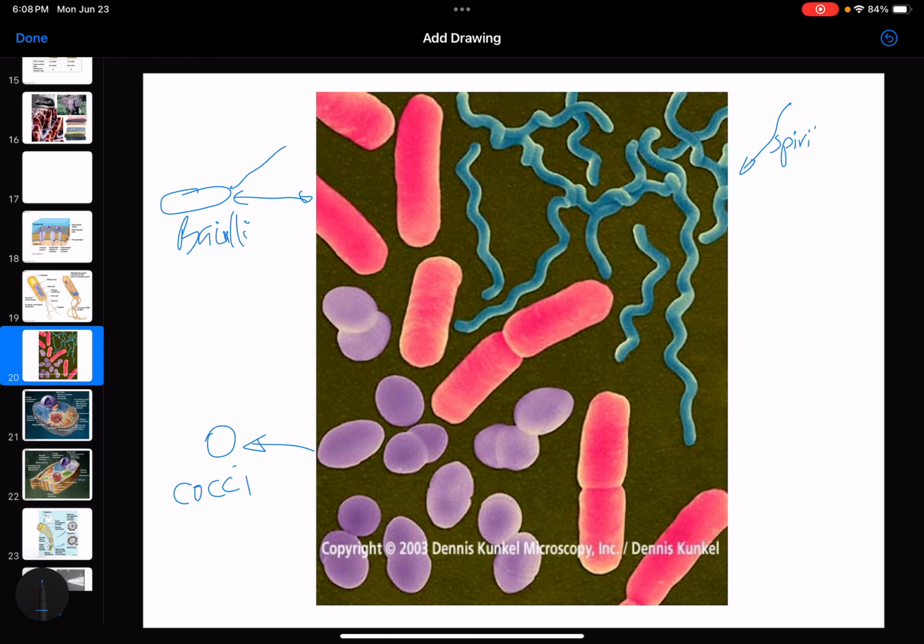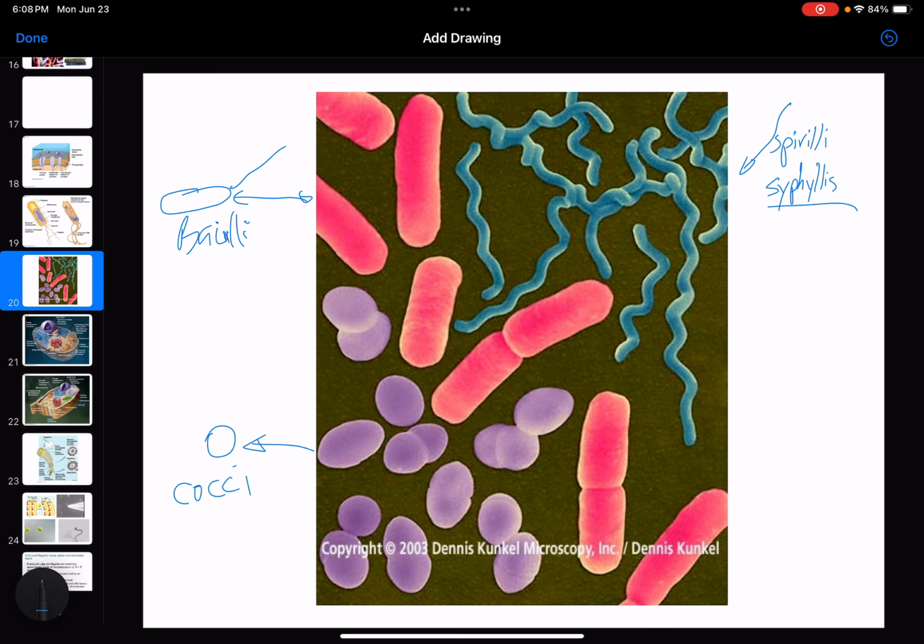I think you can see why. Syphilis is a spiral bacteria. Vibrio cholera is another one. Okay, so you're going to be looking at those shapes of bacteria in the lab, 3 different shapes.